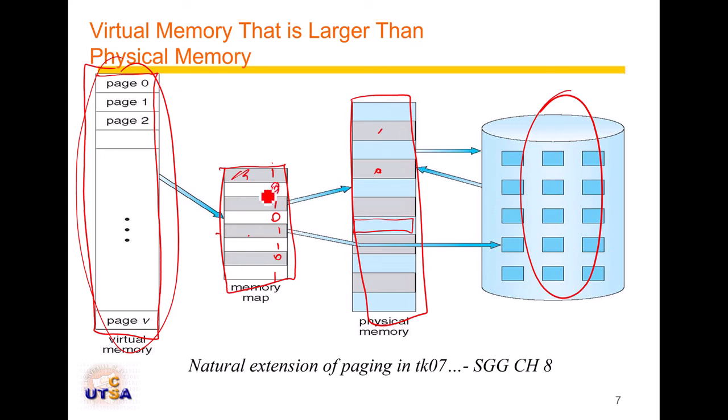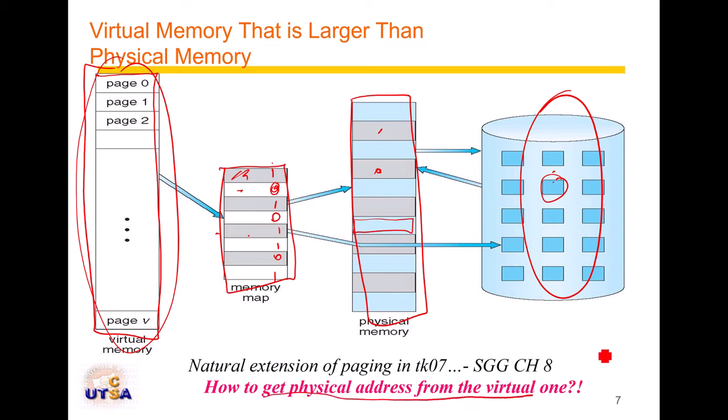If it is 0, then this page is not available in the physical memory, it's available on the disk, and we know where it is. So before resolving the address, we first have to get that page from disk into the physical memory, and then we can do the address translation as we did before. We will come back and visit that idea one more time. Once the page is in the physical memory, the address translation is done as we discussed before, and we will see a quick example now.